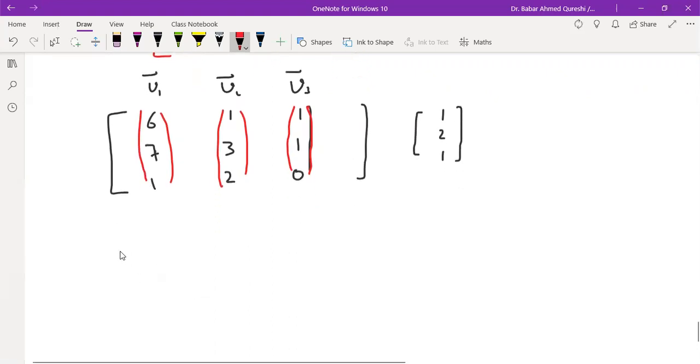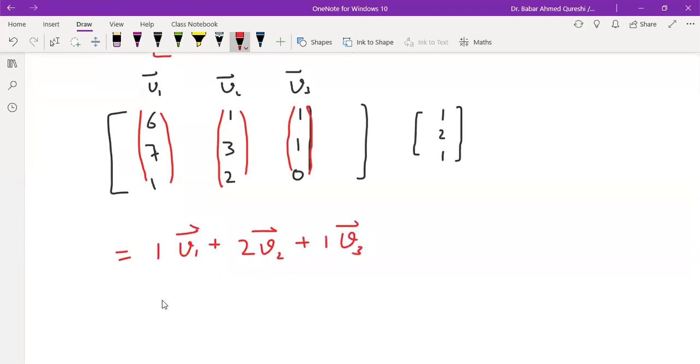So what's the instruction? You take these components and make the linear combination of these columns. So you're just making this linear combination.